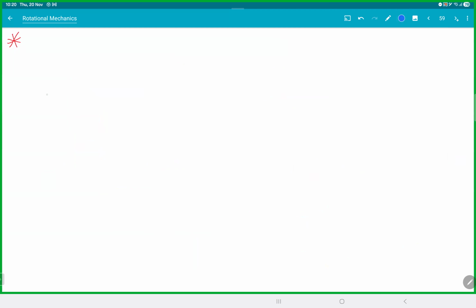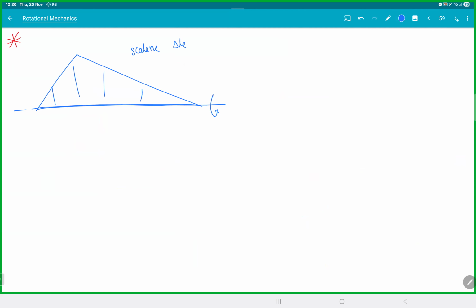Imagine instead of a right angle triangle, we have a scalene triangle. The height of the triangle is h and the mass is m. Now, what we can do is split this triangle into two pieces, cutting it vertically, so it becomes two right angle triangles.